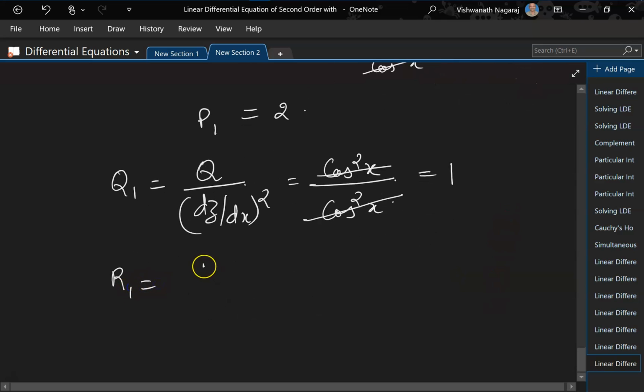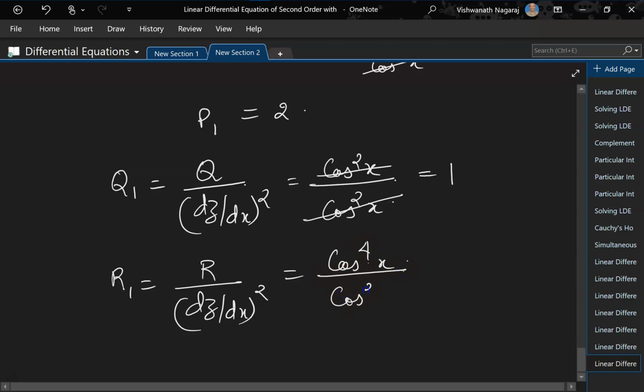Okay, R1 is equal to r by (dz/dx) squared. Now r is cos 4x, divided by cos² x. So this cancels and you are left with cos² x.